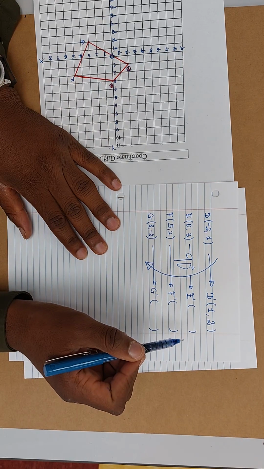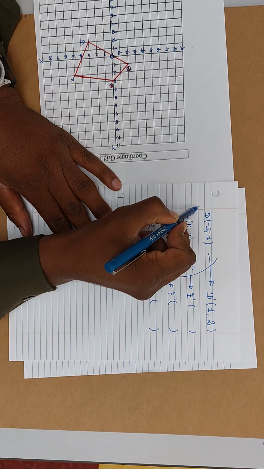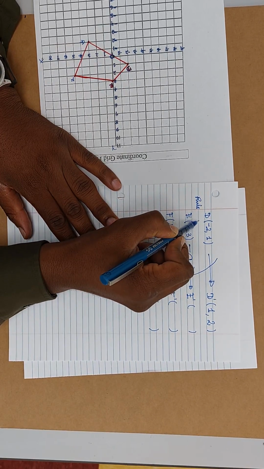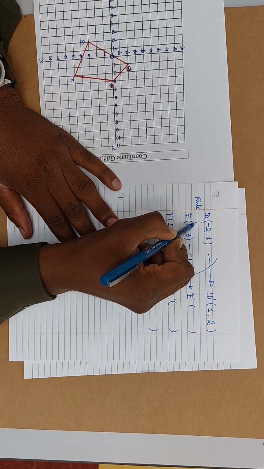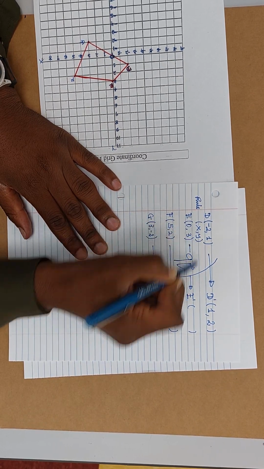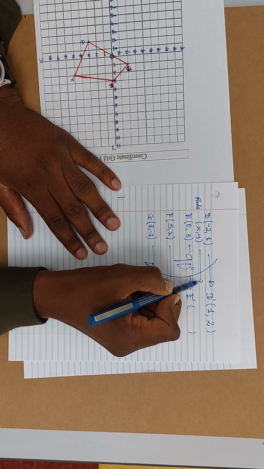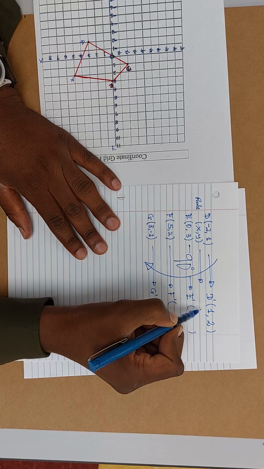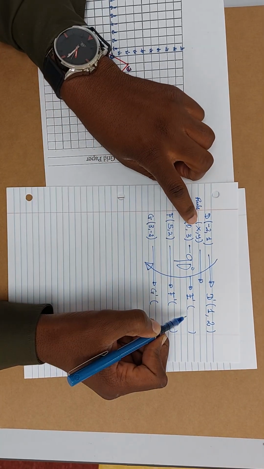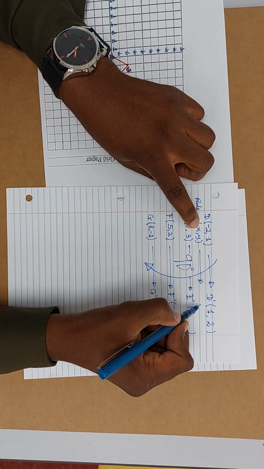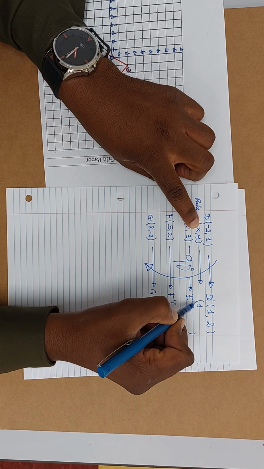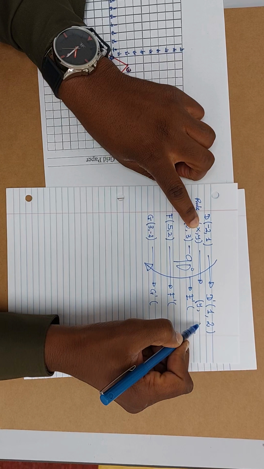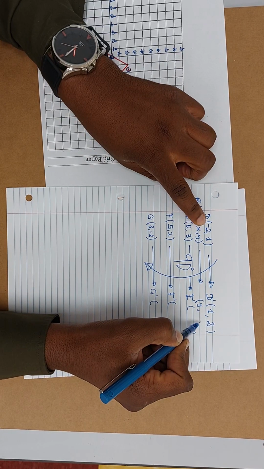So we can make a rule that for any point with coordinates X, Y, after a 90 degrees clockwise rotation, the Y coordinate will come sit in the X coordinate position, and the X coordinate will go to the Y coordinate position, but it will change its sign.